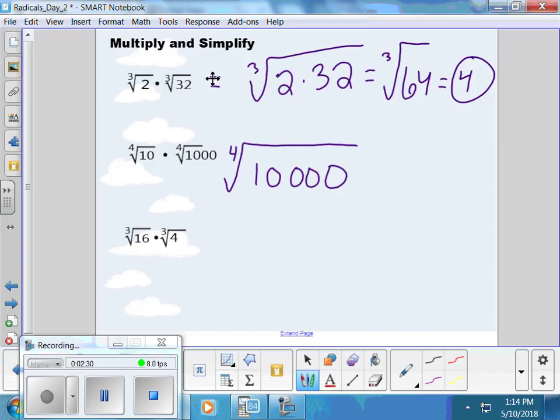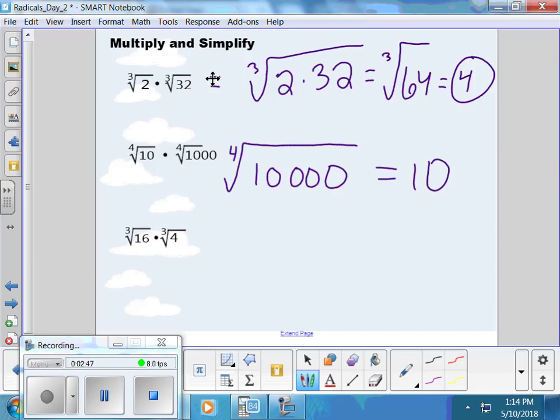So yeah, it's the fourth root of 10,000. And then we can fourth root that 10,000 like we did yesterday using that special root button. And the answer is 10. Any troubles with that one?